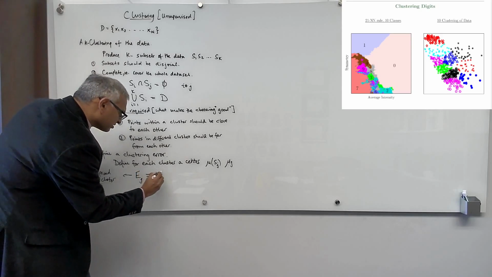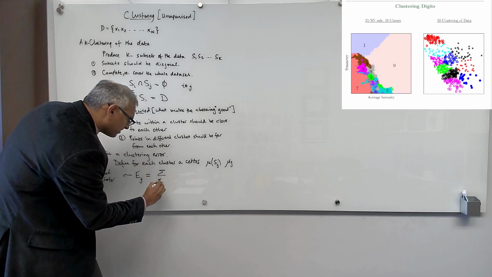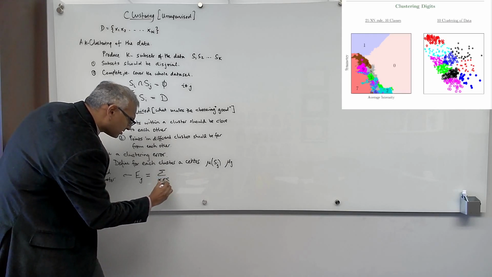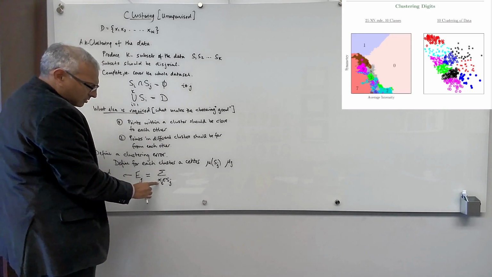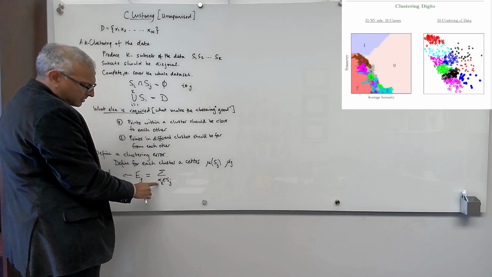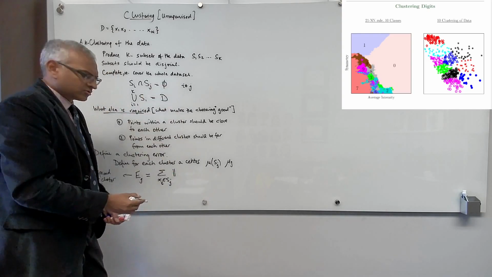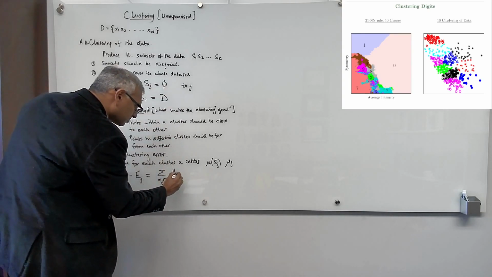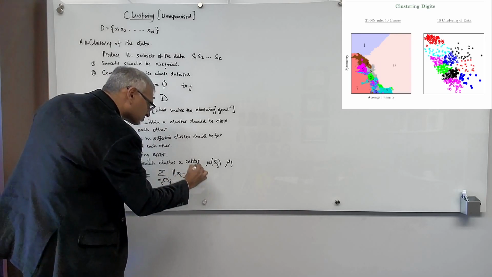So it's the sum over all data points xi that are in Sj of the distance to the cluster's center, xi minus mu j, squared.